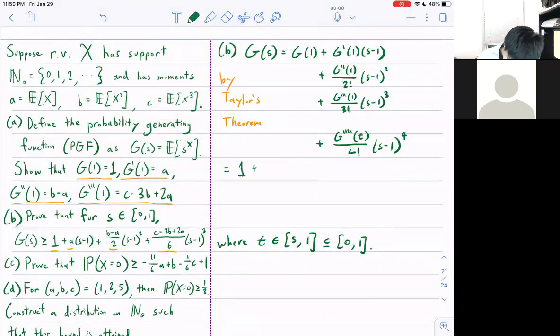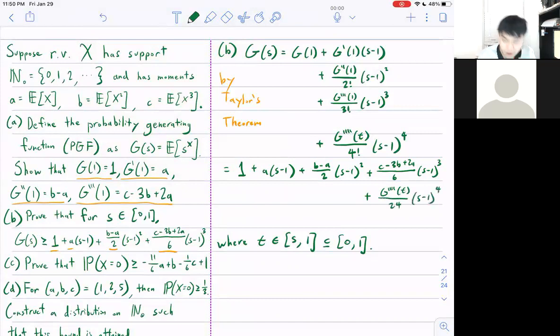So we have 1 plus a times s minus 1 for this portion right here, plus b minus a divided by 2 times s minus 1 squared, plus c minus 3b plus 2a divided by 6 times s minus 1 cubed, plus, and then that remaining term, g quadruple prime at t divided by 24 times s minus 1 to the fourth power.